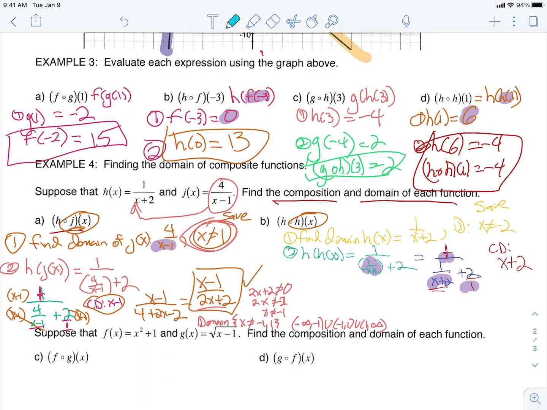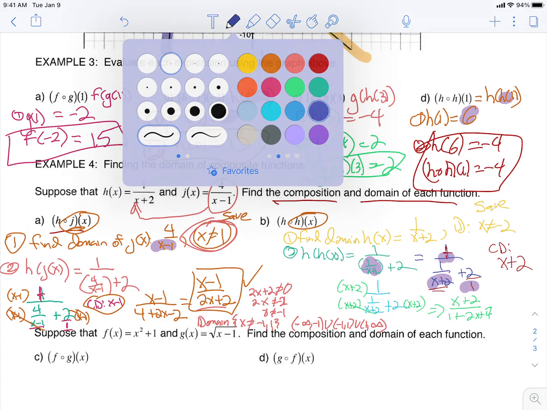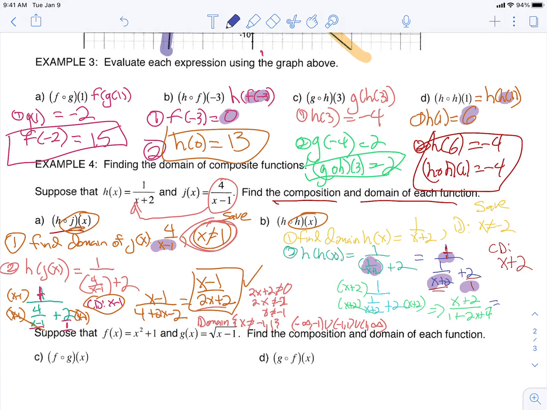So this becomes 1 over x plus 2 times, and again, everything is being multiplied by x plus 2. So this is by x plus 2, this is by x plus 2, this is by x plus 2. So my numerator becomes x plus 2 over, these cancel, 1 plus 2x plus 4, and my final simplified answer is x plus 2 over 2x plus 5.